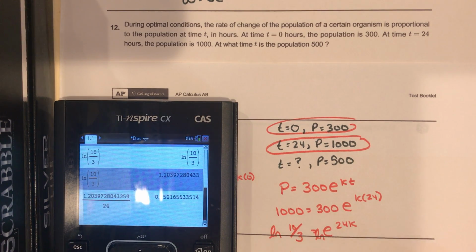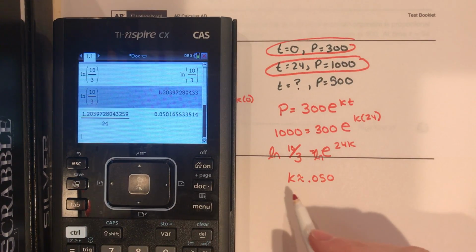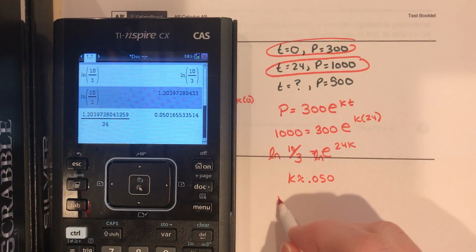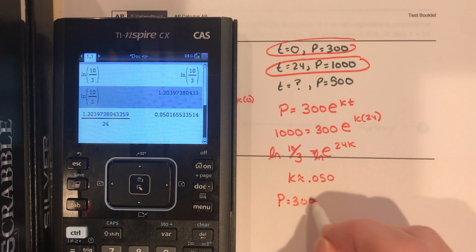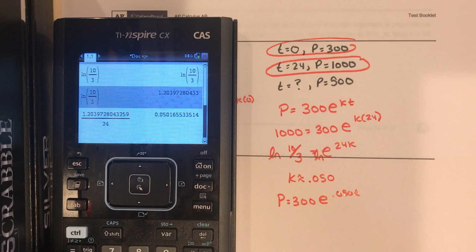So now I've got my C and my k, so P is equal to 300e to the 0.050t. So now I'm going to find the time when the population is 500. So I'm going to plug those in next. 500 for P.